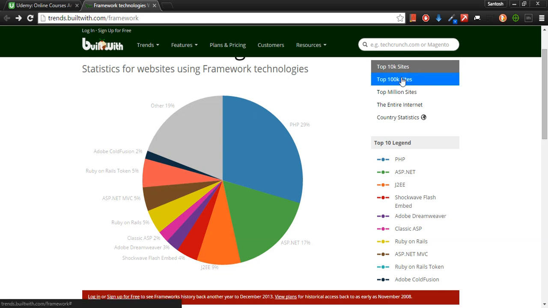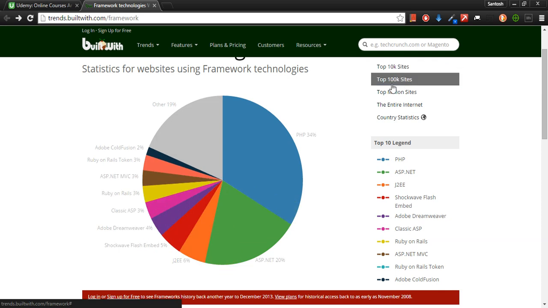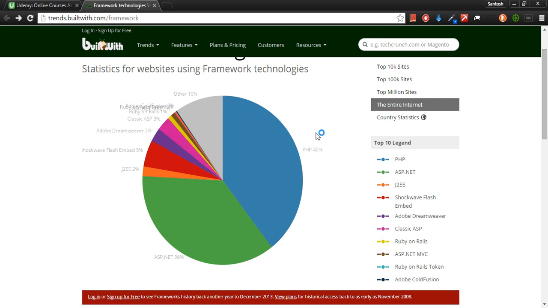But when we switch this drop down to the top 100k sites, you see that ASP becomes about 20%, Java about 6, and then almost the same over here for PHP and a few other languages. If we look at the entire internet, now you see that about 40% is captured majorly by PHP, and ASP.NET captures about 36%.